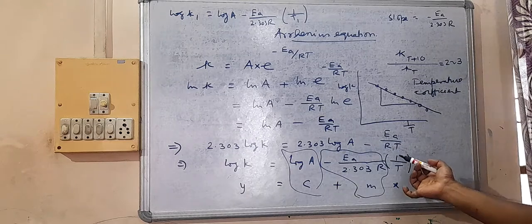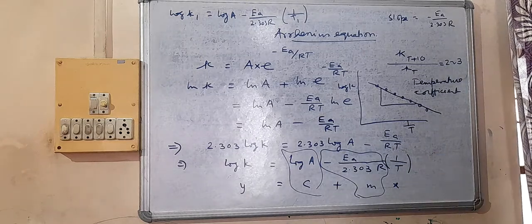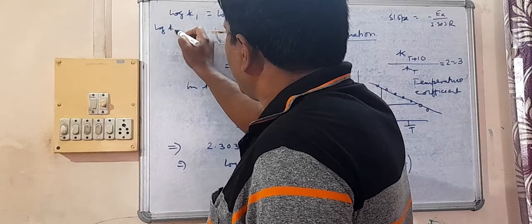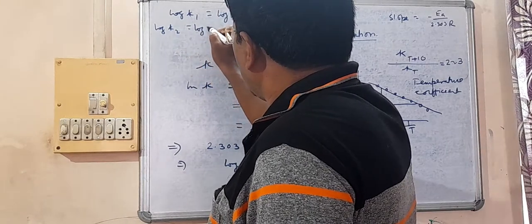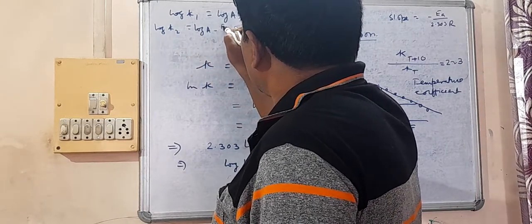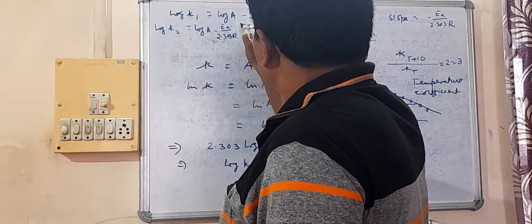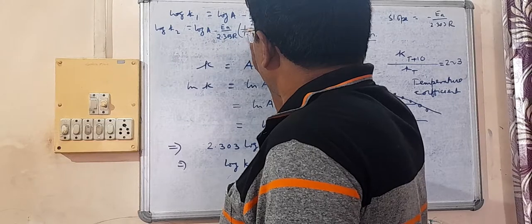And similarly at temperature T2, log K2 will be log A minus EA by 2.303 R 1 by T2.